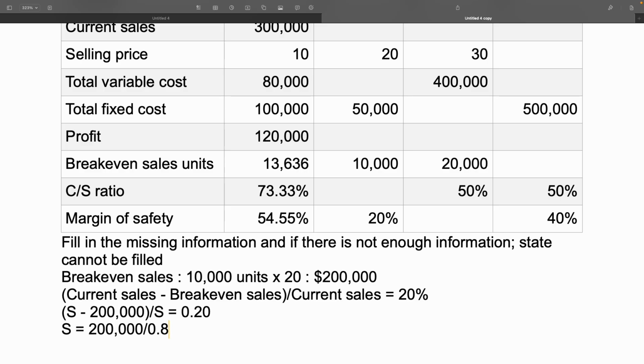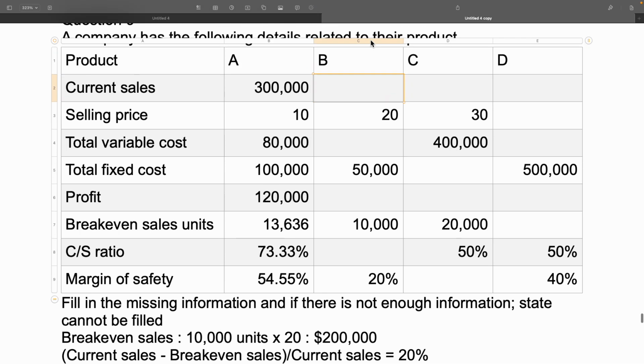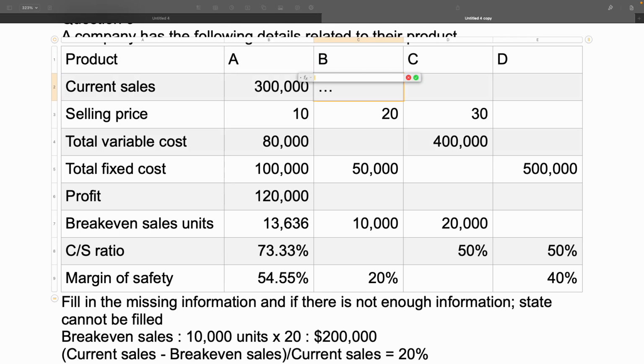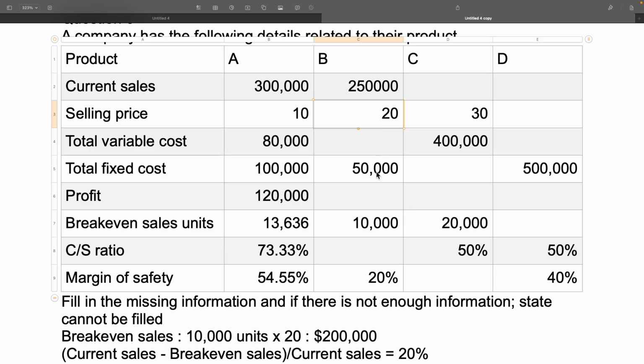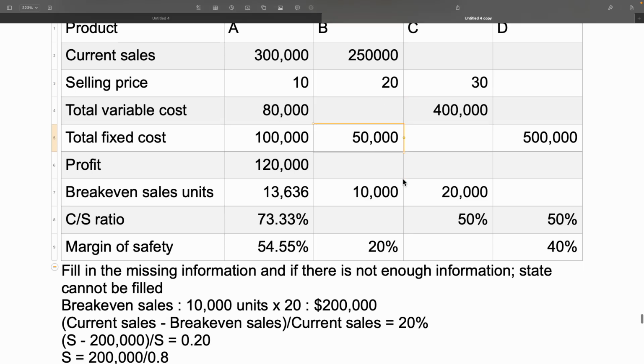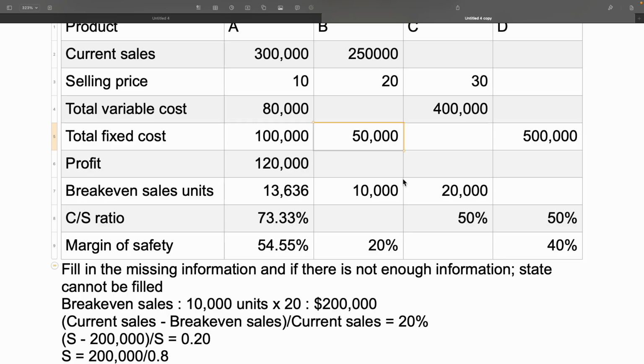So you should get 250,000 here. Once you got 250,000 here, and you got the total fixed cost, if you know the fixed cost, how do you get the break even?